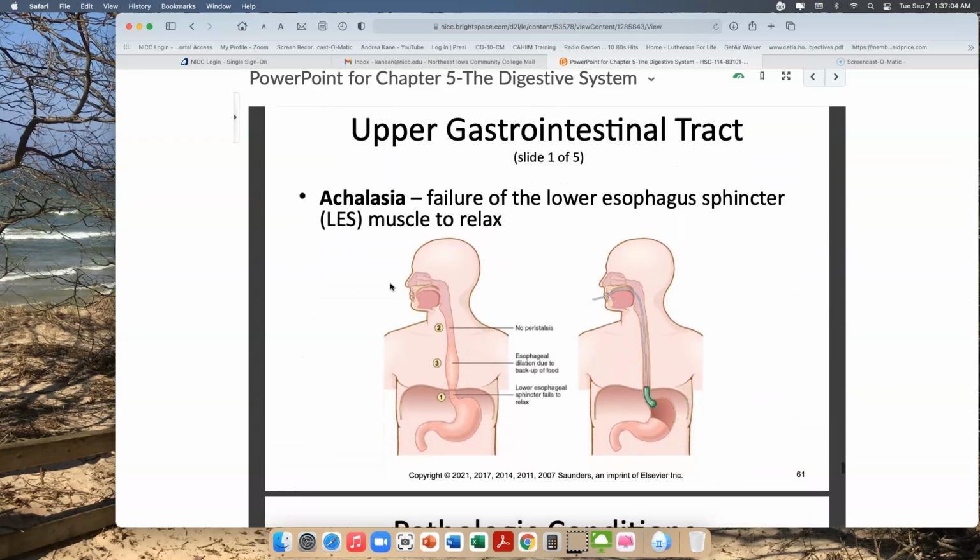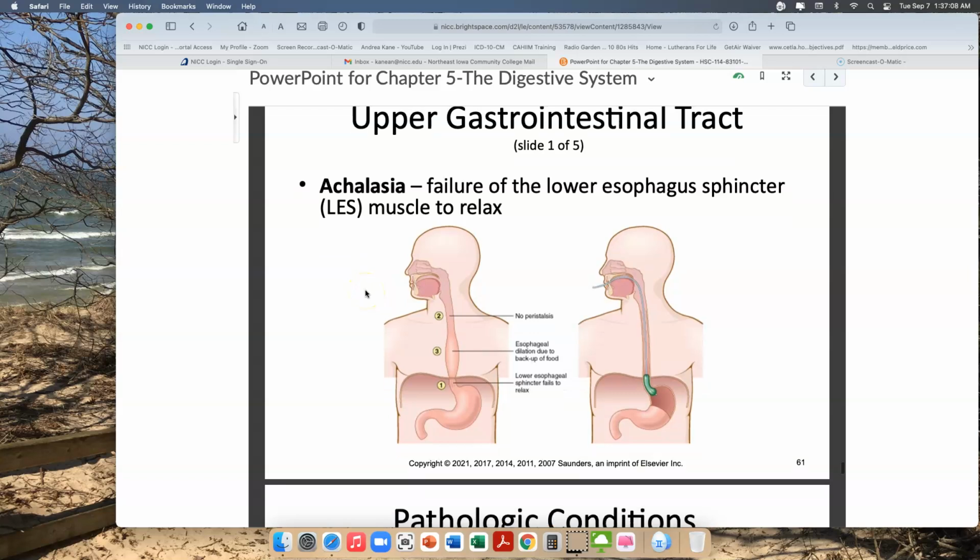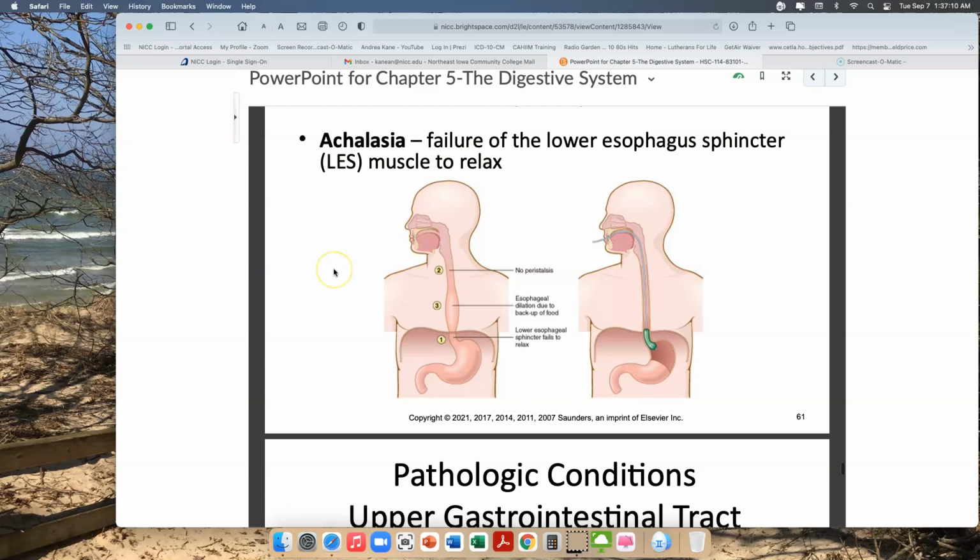What can go wrong in that upper gastrointestinal tract or upper GI? One of the things that can happen is achalasia. Achalasia. That's where the lower esophageal sphincter will not relax. It's constantly staying tight, and they show you that here.